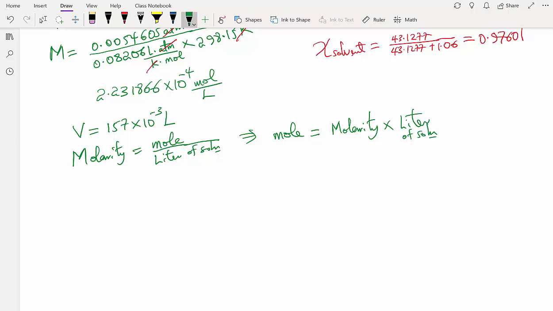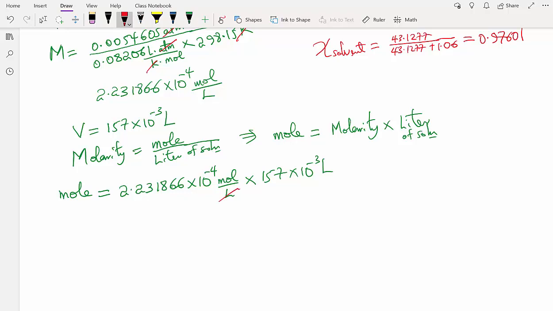Let us plug the numbers in. The mole of this interferon will be equal to the molarity, which we just calculated as 2.231866 times 10 to negative 4 moles per liter, multiplied by the liter of the solution, which is 157 times 10 to negative 3 liters.